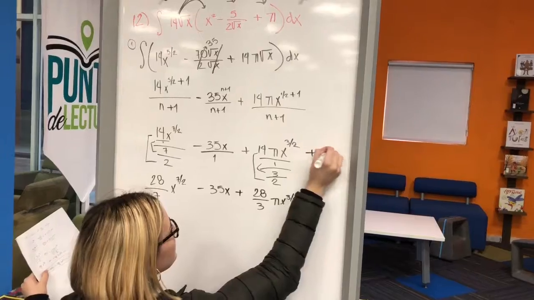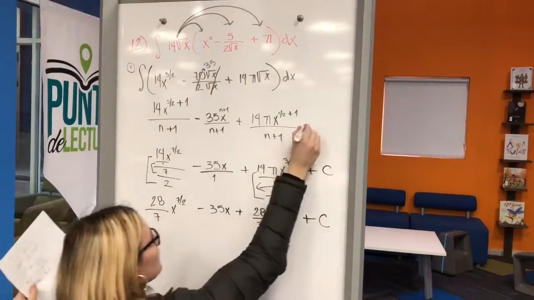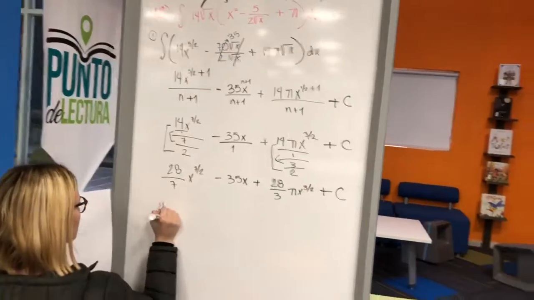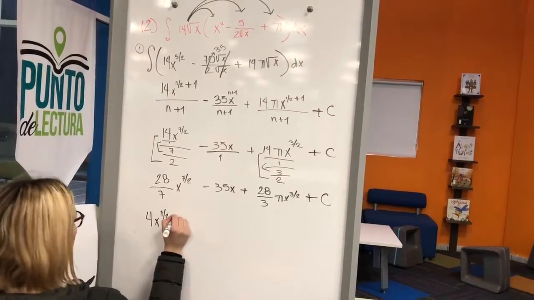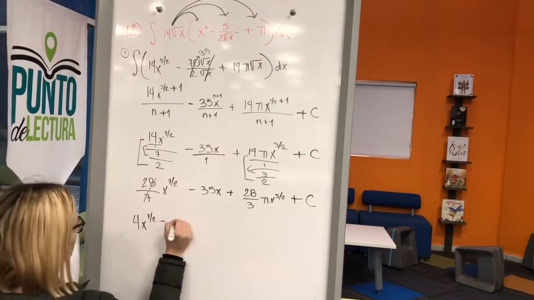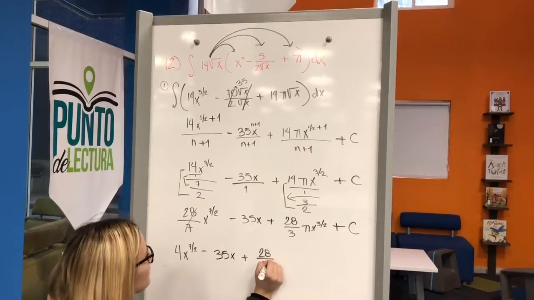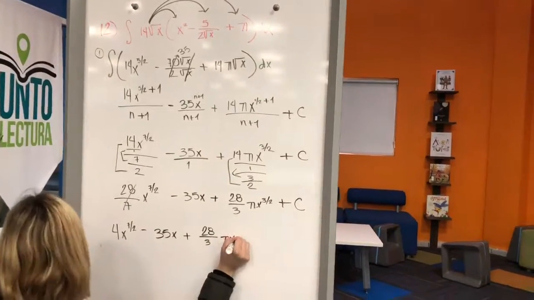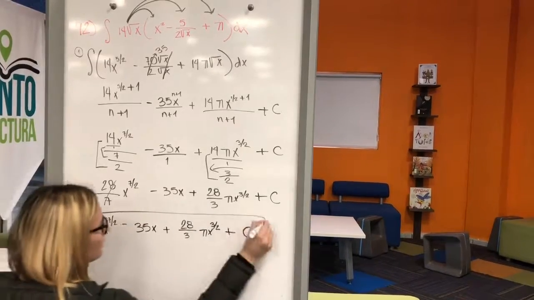Don't forget to add your plus C. And always simplify completely. And now you have your antiderivative.